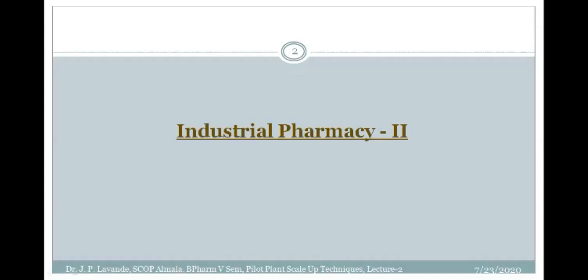So that is the industrial pharmacy and the overall processes that are carried out in case of industry.